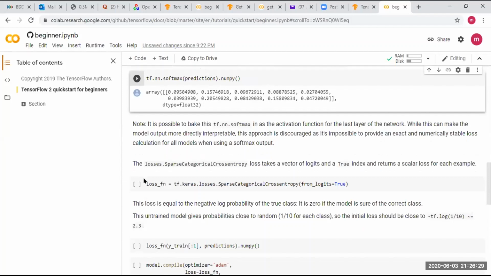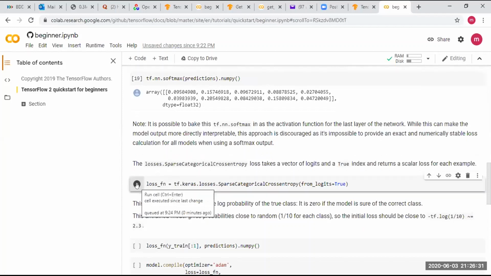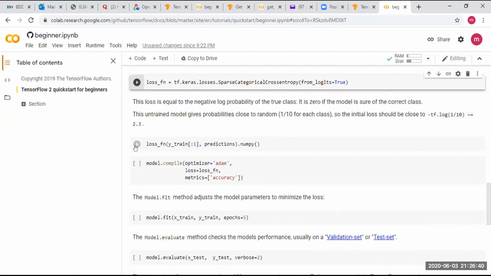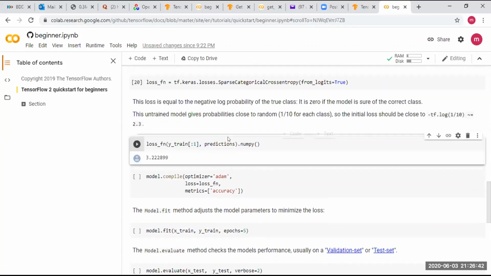And here we are going to define our loss function. Then we apply our loss function for the first value, y_train[0], using the predictions that we had, and we get a value of 3.22.